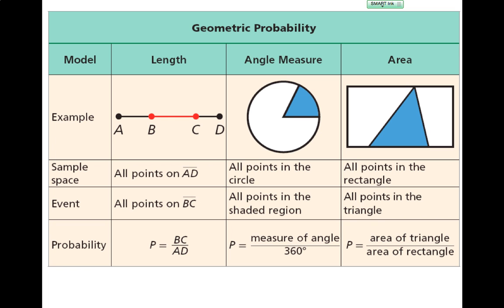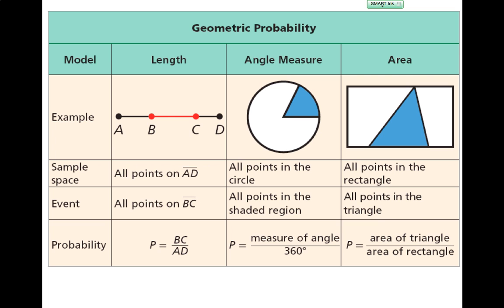The area model, which you could also do that spinner in, basically you're comparing the area of what you're looking for to the area of the whole thing. So if we're interested in the probability of selecting a point in the triangle, we would take the area of the triangle, 1/2 base times height, for the numerator, and your denominator would be the whole rectangle's base times height.